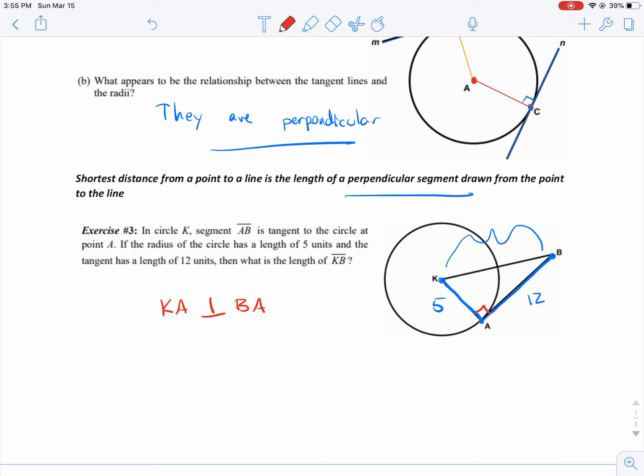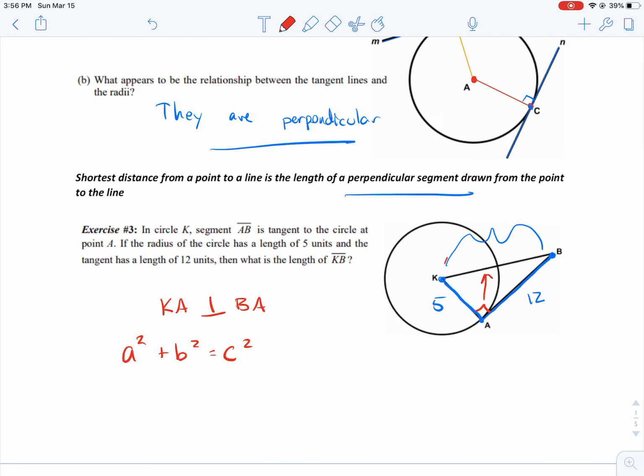So we have a 90-degree angle, which means we have a right triangle, which means that to find this other length, you've guessed it, we have to use a squared plus b squared equals c squared. This length right here is always located directly across from your right angle.